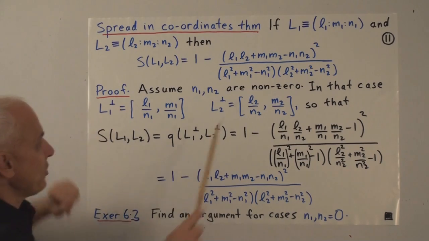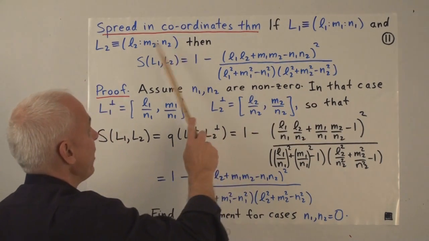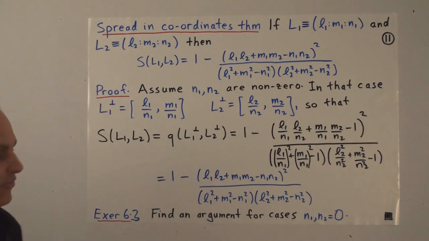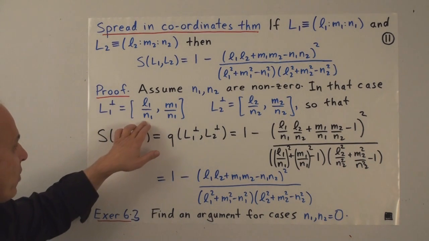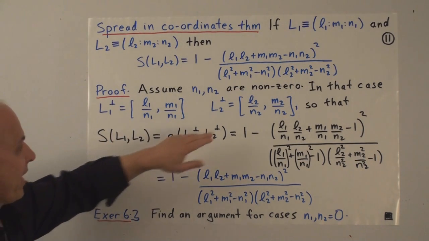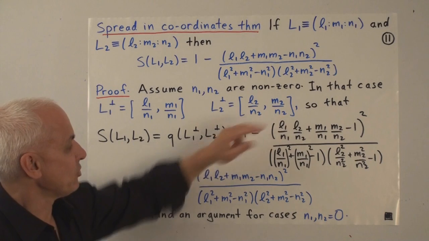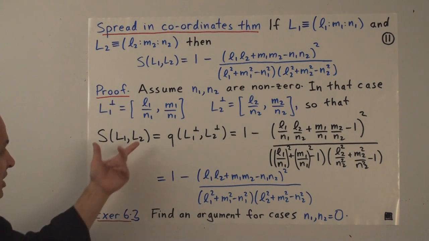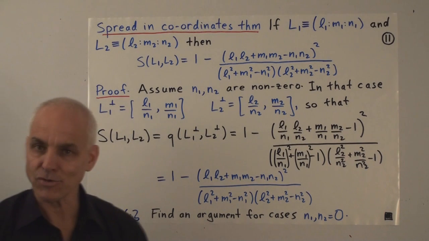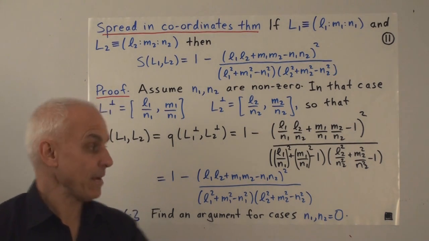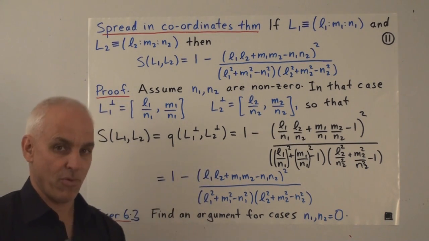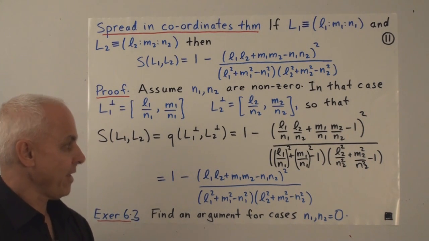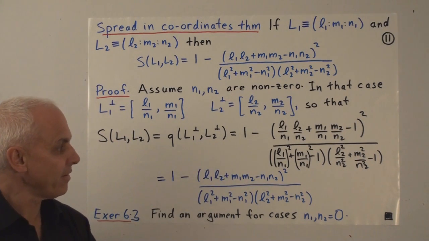The duals of the lines are what you get when you divide by N1 and N2 and just look at the first two components: L1 over N1, M1 over N1, and L2 over N2, M2 over N2. Now the spread between the two lines L1 and L2 is the same as the quadrance between the dual points. And that's the theorem that we've just proven.